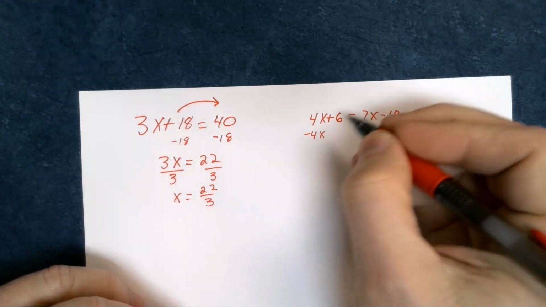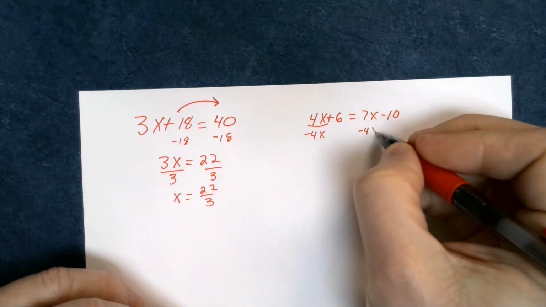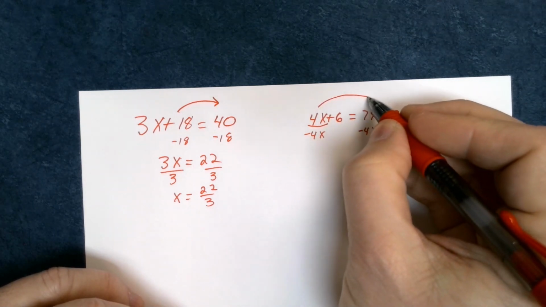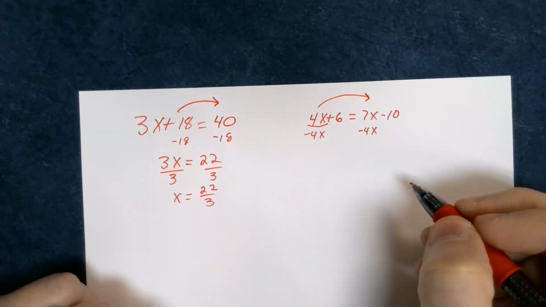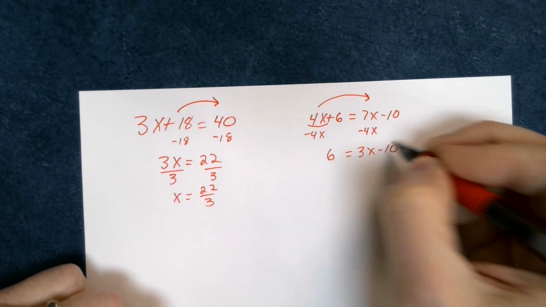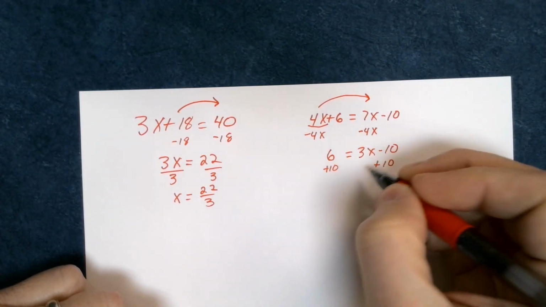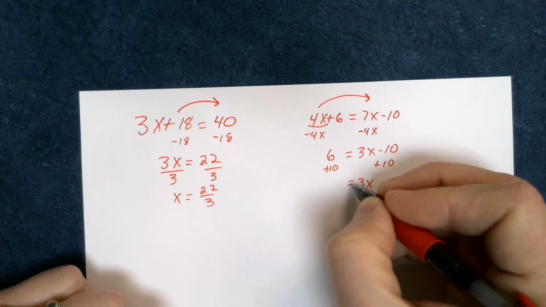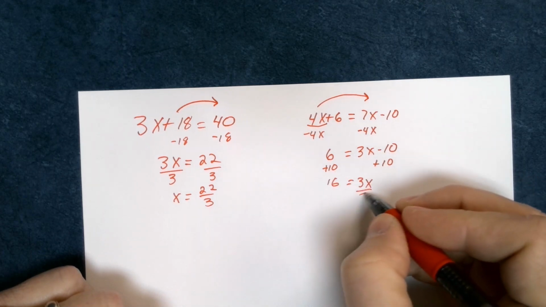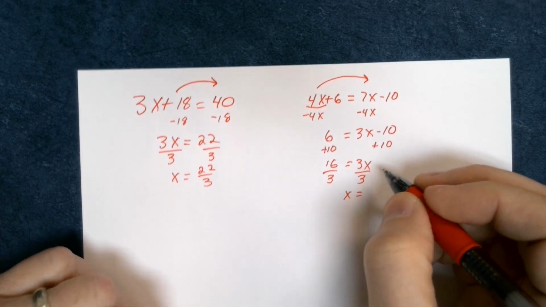So I'm going to move this 4x, and I can move the whole thing to the other side. And again, because I'm moving it across the equal sign, I need to do its opposite. So then I'd have 6 equals 3x minus 10, and then move the 10, plus 10, plus 10, I get 3x is equal to 16. And then I divide by 3, and I divide by 3, and I get x is equal to 16 thirds.